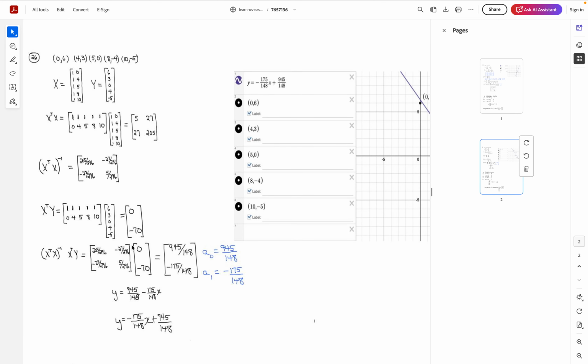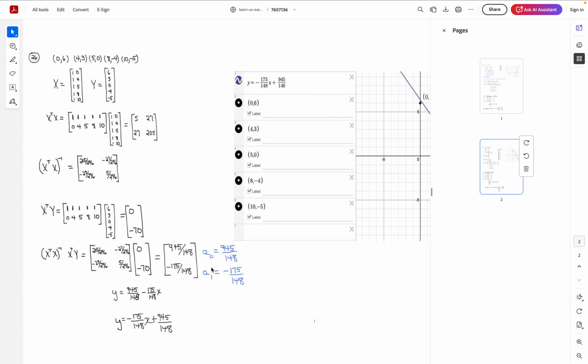And for the transpose of x times the set of y values, that result was 0 and negative 70, and then taking the product of the aforementioned inverse and multiplying by the transpose of x times y.